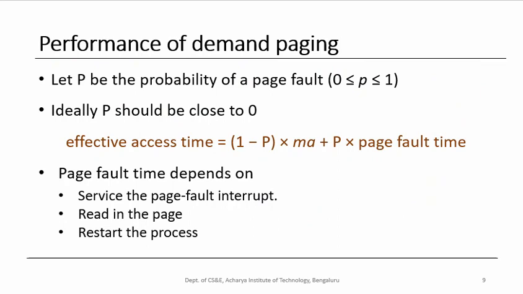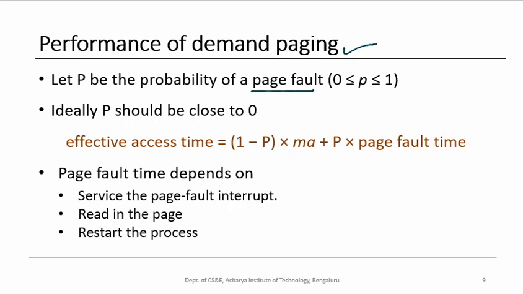Now what we have to understand is the performance of demand paging. The memory access time will increase when there is a page fault. What is the reason for that? Because the page has to be located on the hard disk and brought into the main memory.